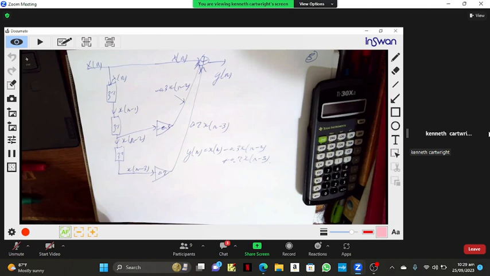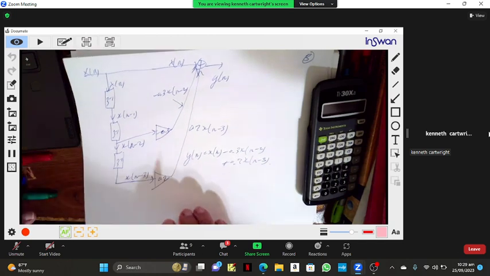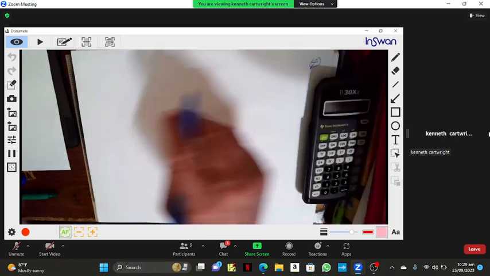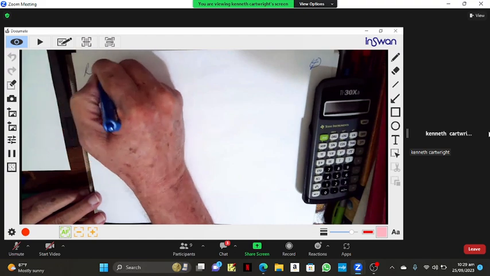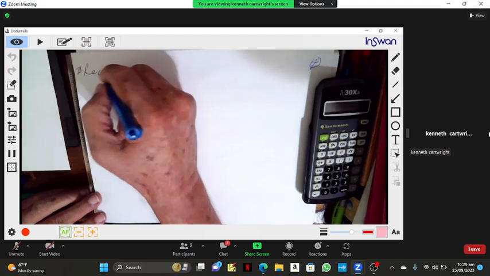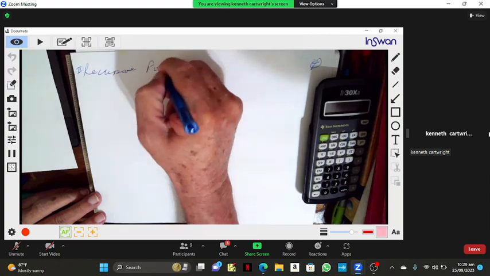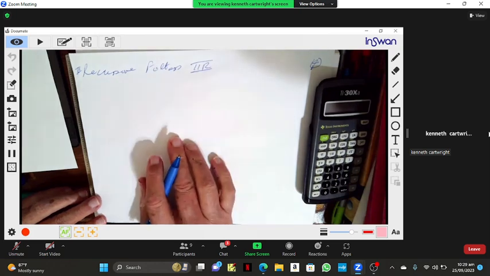All right, that's all the work I'm going to do on non-recursive. Now we want to talk about recursive filters. That's IIR.